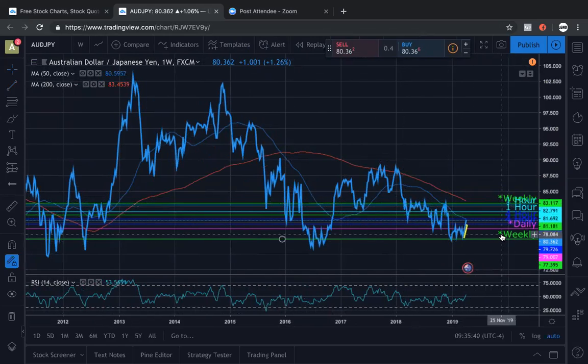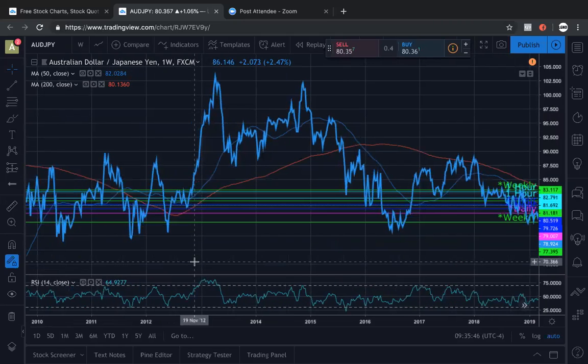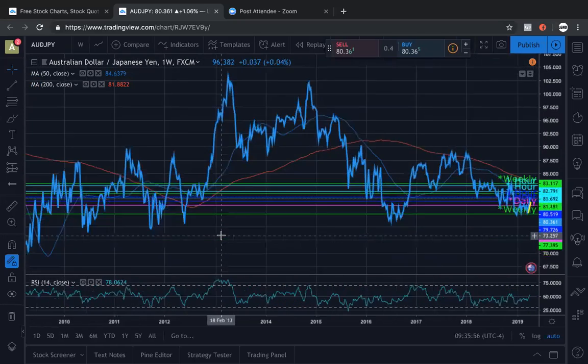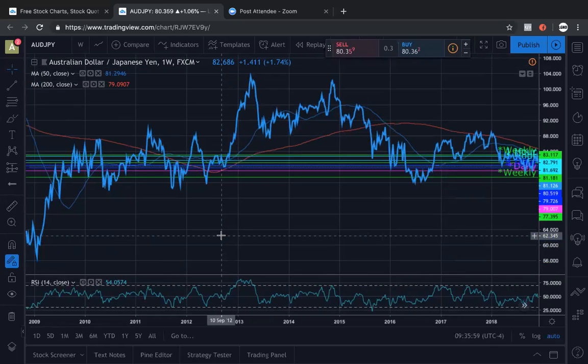Now, when you see these asterisks beside these levels, that means it's a key level. That means price was once underneath it, and that level acted as resistance, and then price broke above it, and now it's acting as support. When a level acts as both support and resistance, you have what is called a key level.